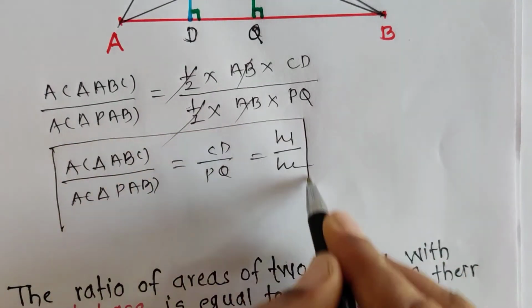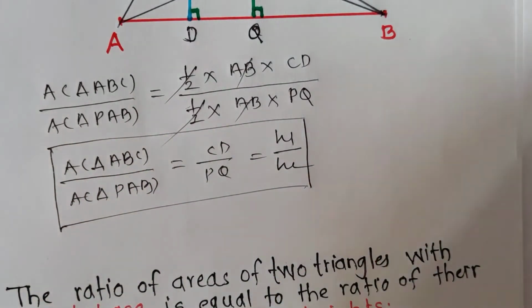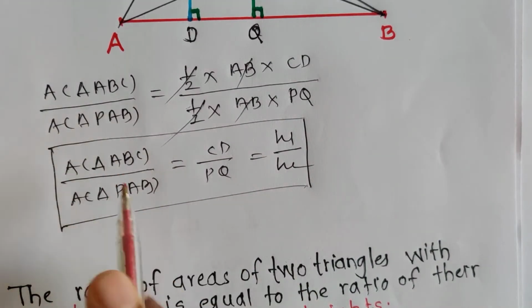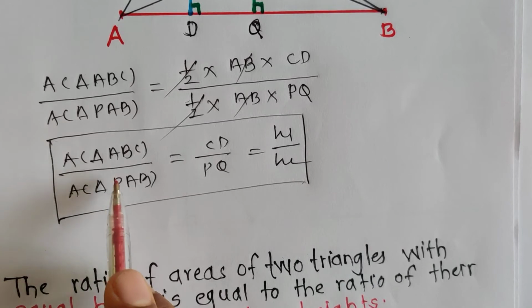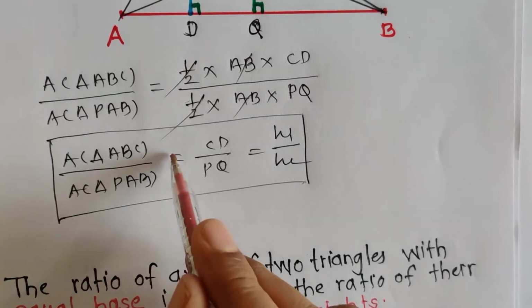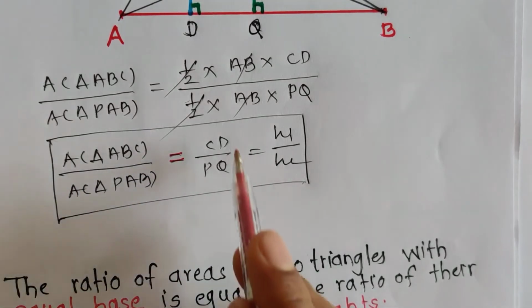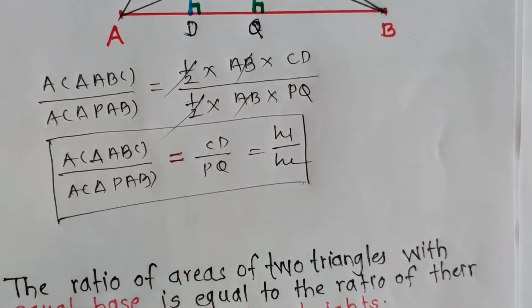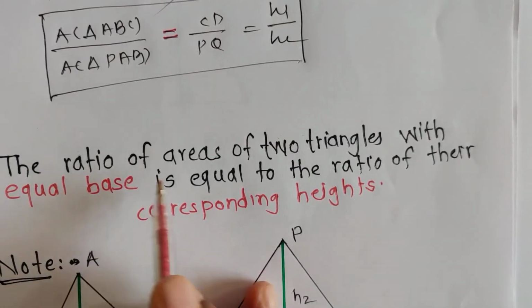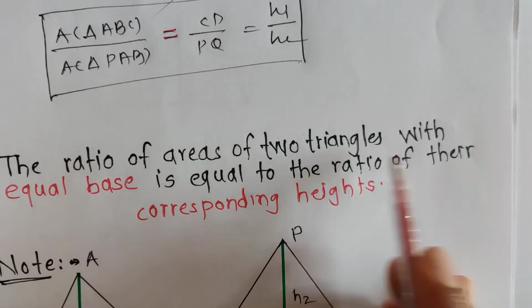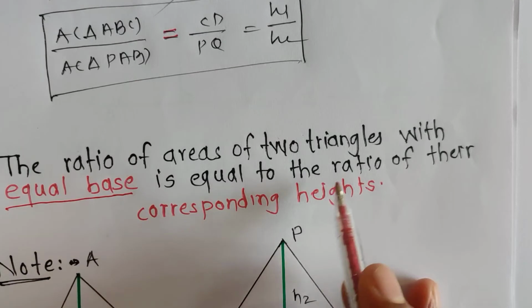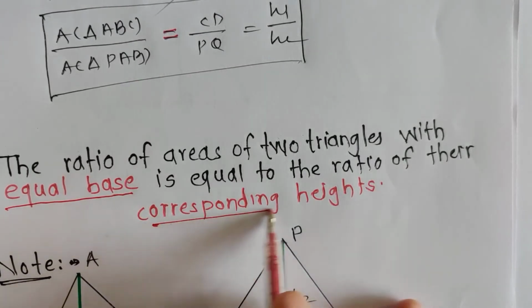Means we get the third property. Here the left hand side is the ratio of areas of two triangles with equal bases, having common bases, and it is always equal to the ratio of their corresponding heights. So we can write the third property: the ratio of areas of two triangles with equal base is always equal to the ratio of their corresponding heights.